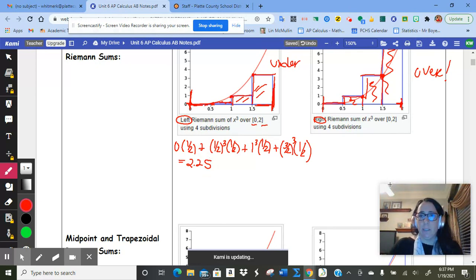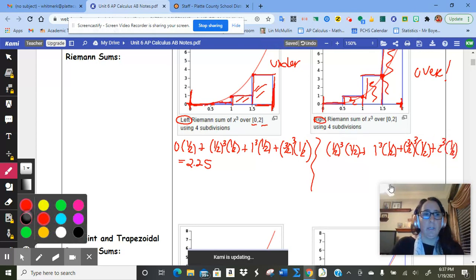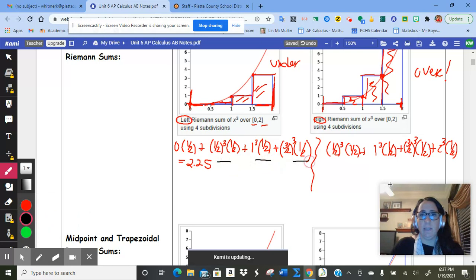So here, let's look at the right. Now I have the 1/2 cubed times the base of 1/2, plus the 1 cubed times the base, plus that 3/2 cubed times the base, and then this one is the 2 cubed times the base. And you can see that these three pieces are in common.